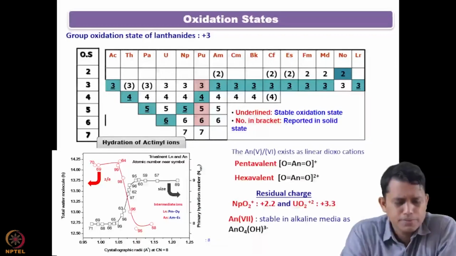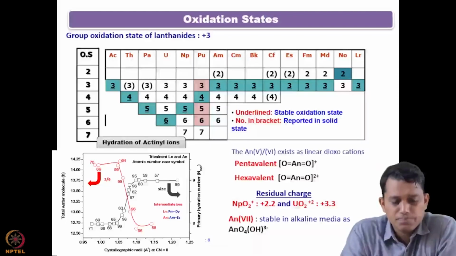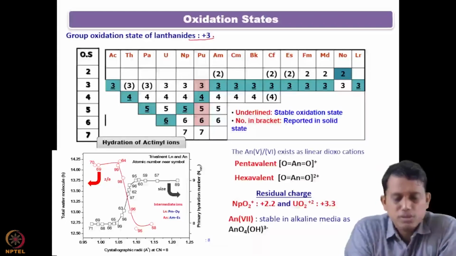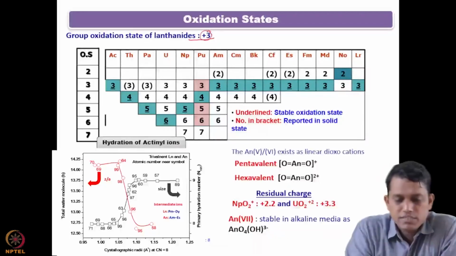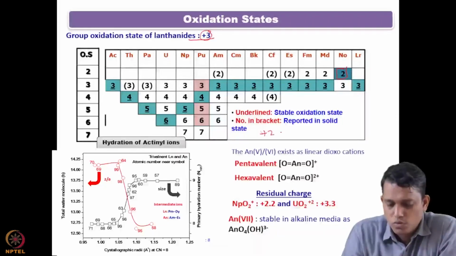Before going to the next topic, I would just like to recap whatever we have done in the previous lecture. There we started with the electronic configuration, and we saw that the group oxidation state of lanthanides is +3, whereas actinides can have a variable oxidation state from +2 to almost +7.